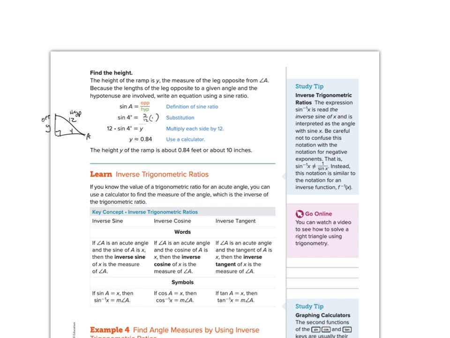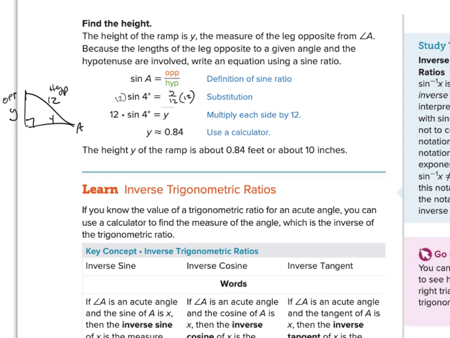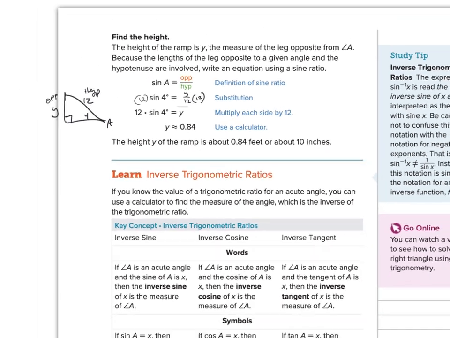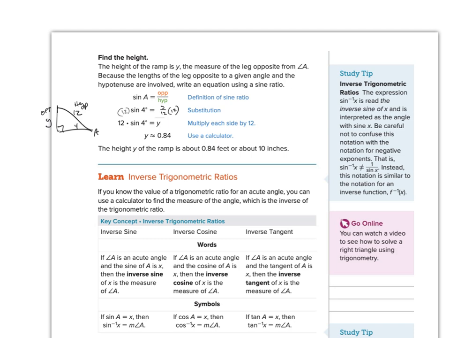Multiply both sides by 12, and we end up with 12 times the sine of 4 degrees is approximately 0.84, so a little bit less than a foot, okay? And then that's how we are able to calculate that information.